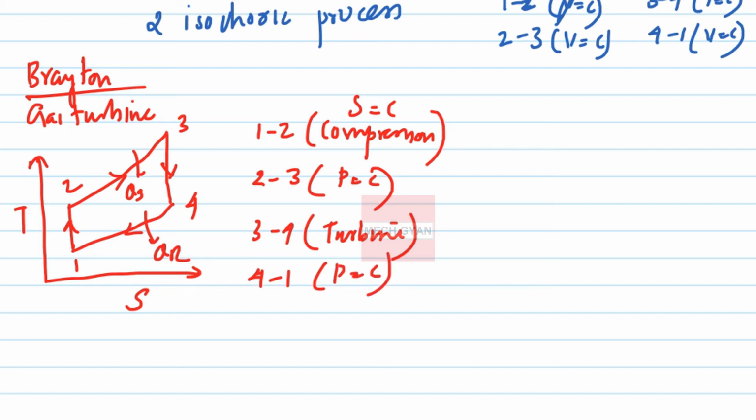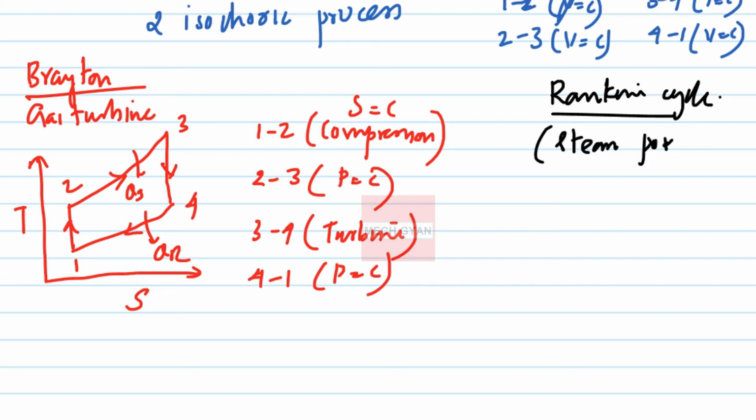Now let's study the Rankine cycle. The Rankine cycle is the ideal cycle for a steam power plant, where steam is the working fluid. Again, let's quickly draw the TS diagram.